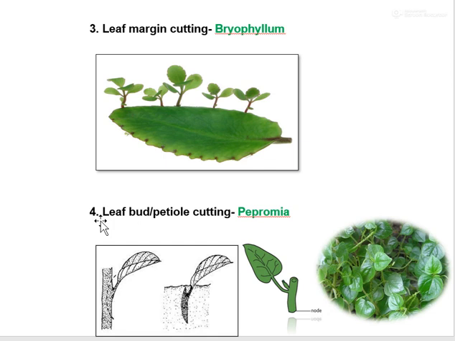This type of cutting is a very successful practice in money plants, then zamia, then peperomia, like ornamental plants, and we can cultivate such plants within a short period of time by using petiole cutting. Mainly in case of petiole cutting, as a media we can use coco peat. So this is about the leaf cutting. Thank you very much.